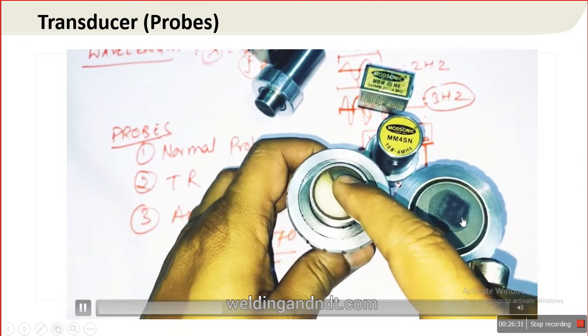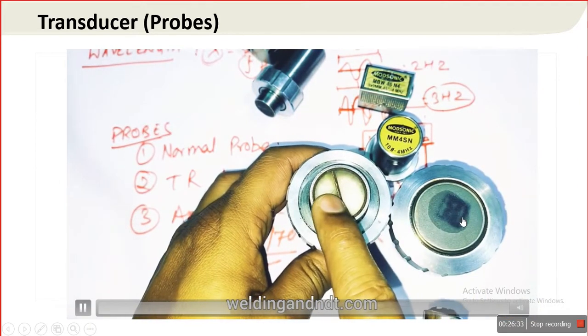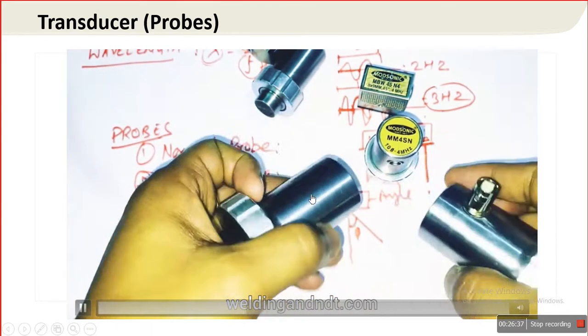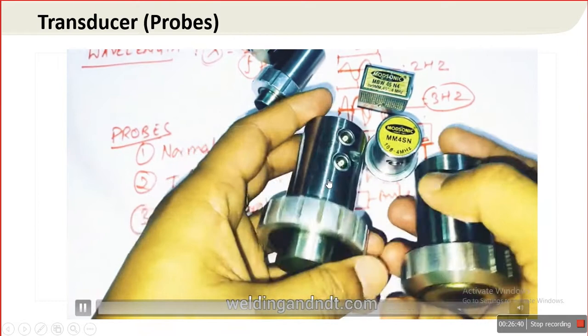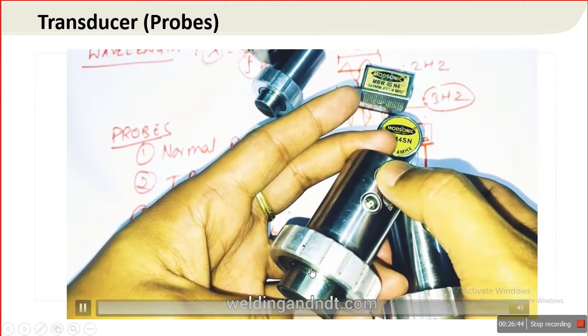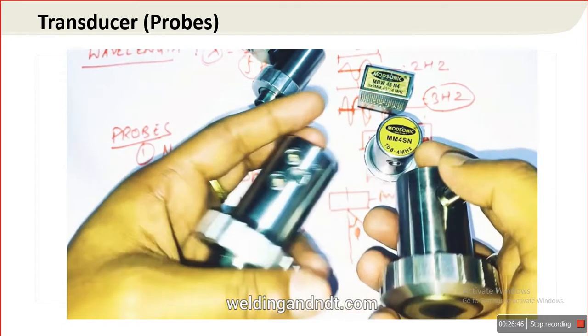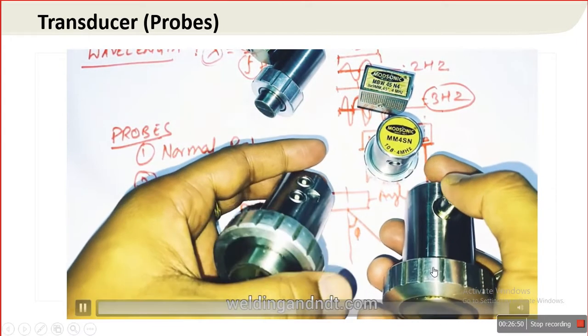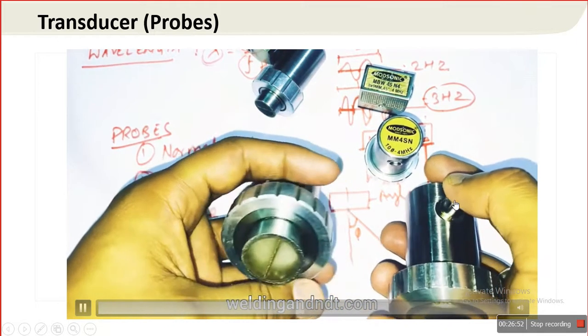This normal probe itself transmits and receives the ultrasound. The TR probe needs two connectors because it has two crystals. One receives and another transmits. In the normal probe only one connector is used.